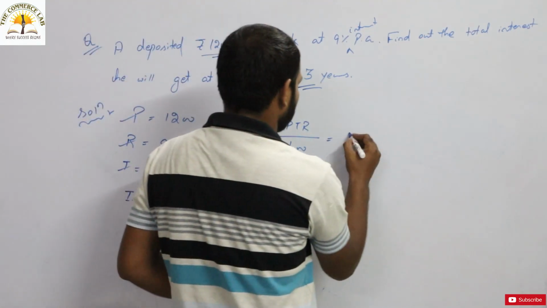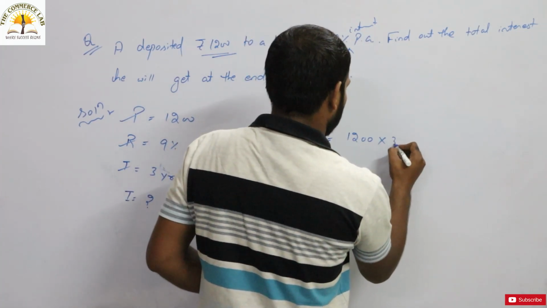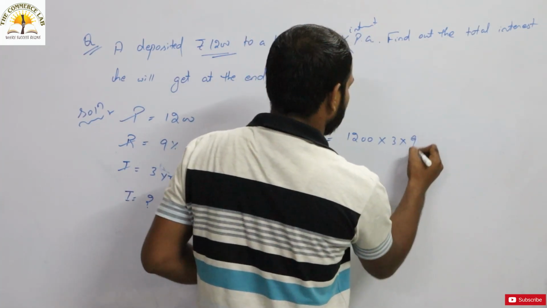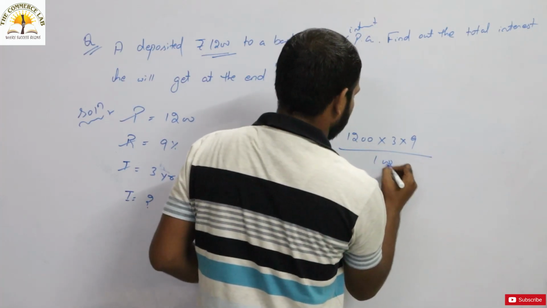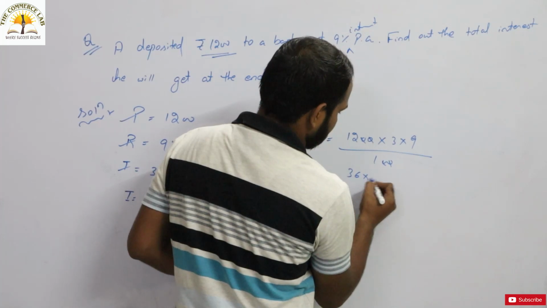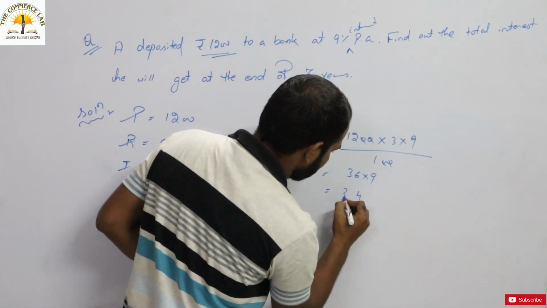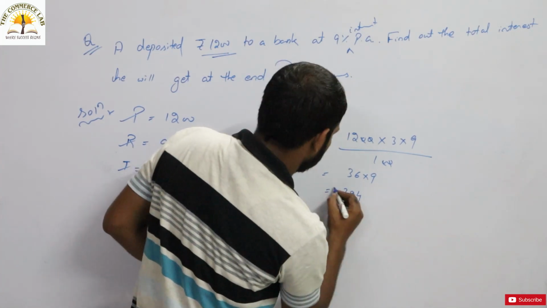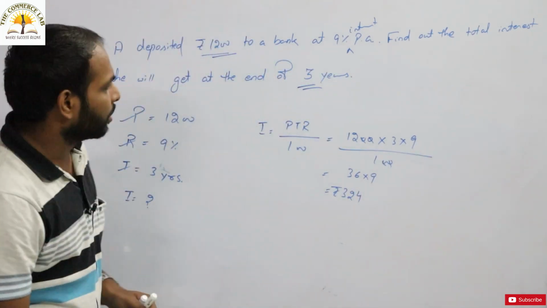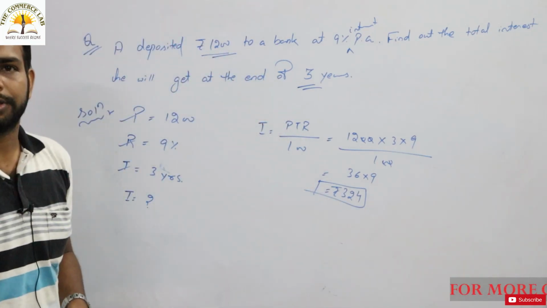So replace the values: 1200, 3, 9 by 100. 12 3 is 36, 36 9 is 324. So 324 rupees. This is known as I.